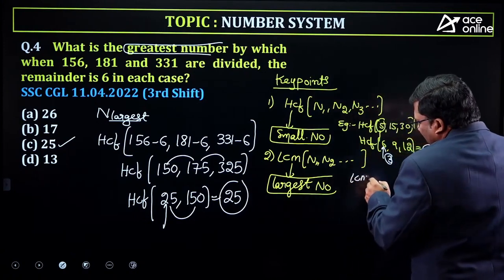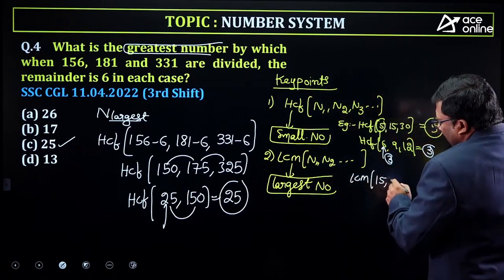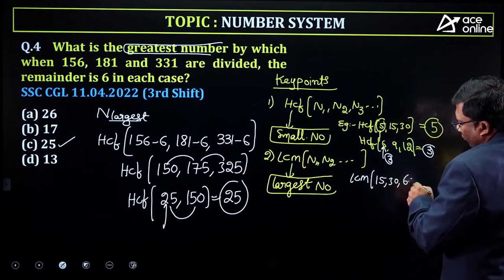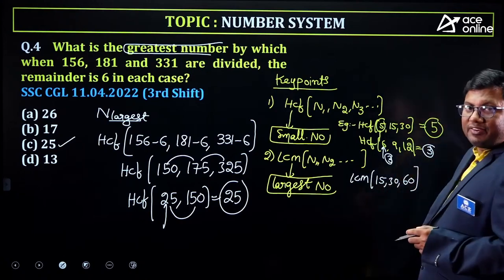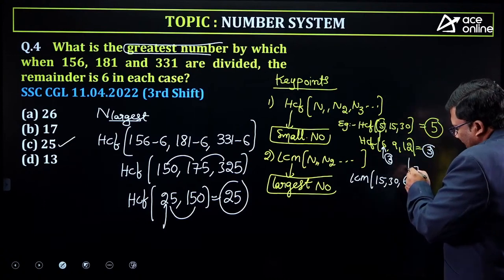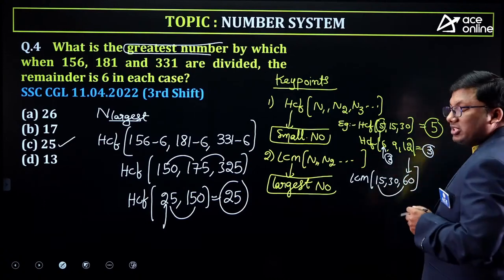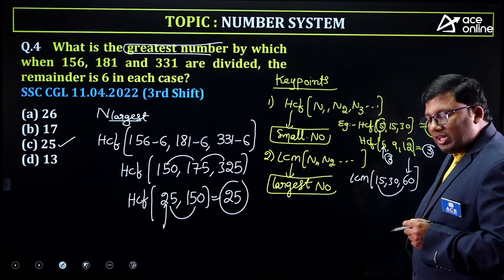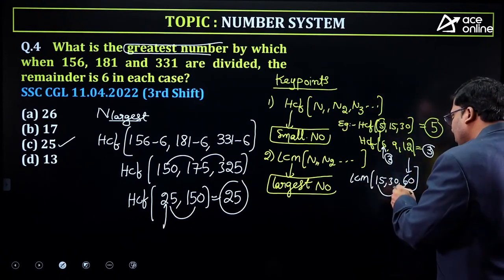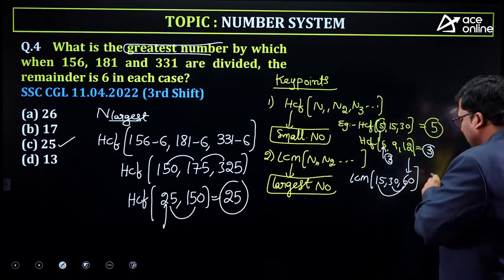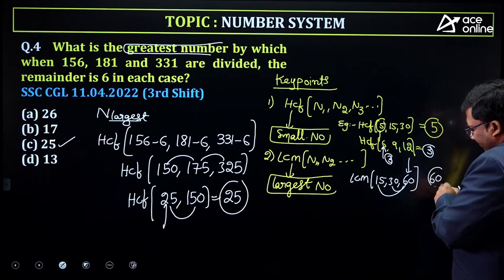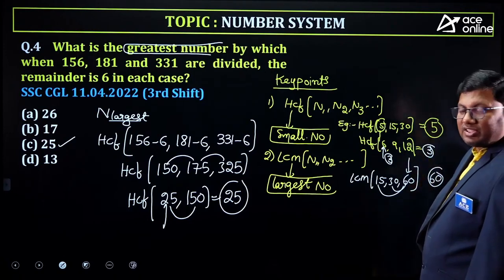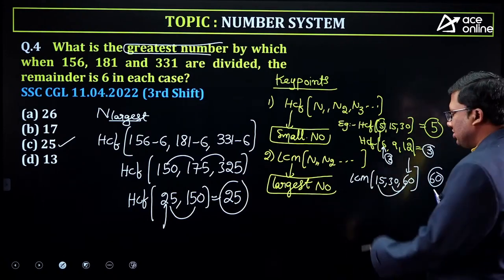Suppose it is LCM of 15, 30, 60. Take the largest number. Is 60 divisible by 15? 60 is 15 into 4. Is 60 divisible by 30? Yes. So answer is 60. For LCM we took the largest number.